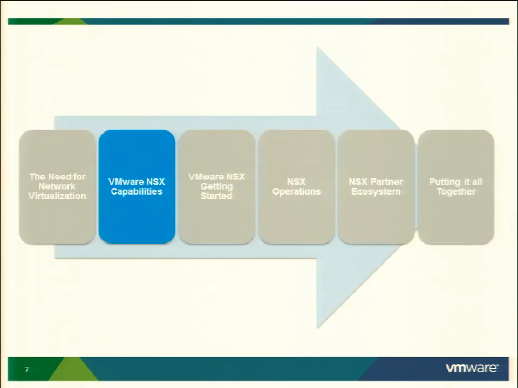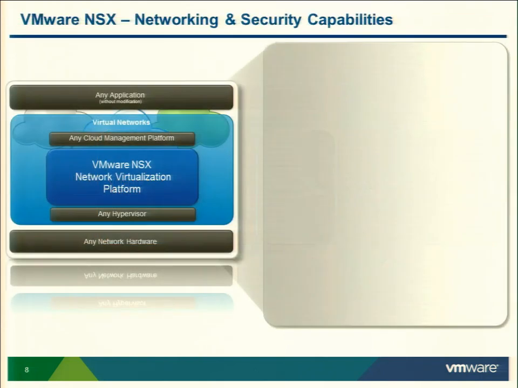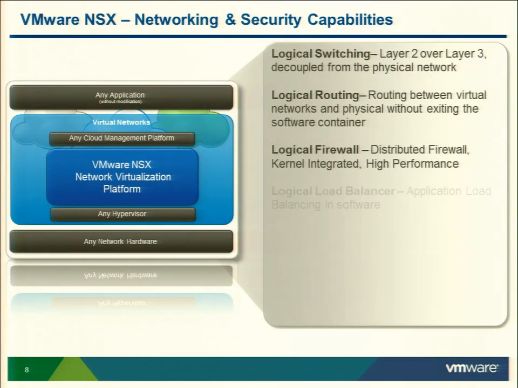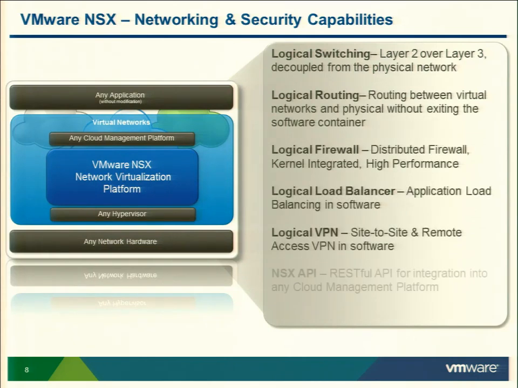So your natural question is, what does NSX consist of? From a capability standpoint, you have a fully functional layer 2 switch, flow-based marking, QoS, ACLs, all of that functionality built in, a fully functional logical router. When I talk about routing, I'm talking about east-west routing as well as north-south routing.